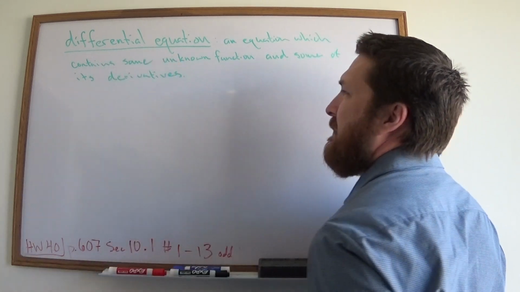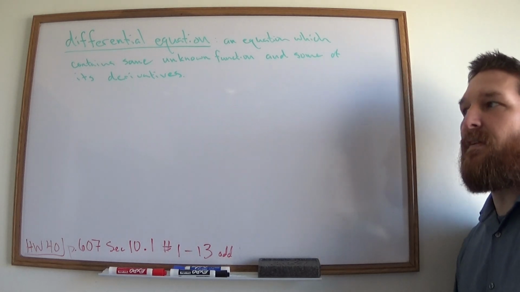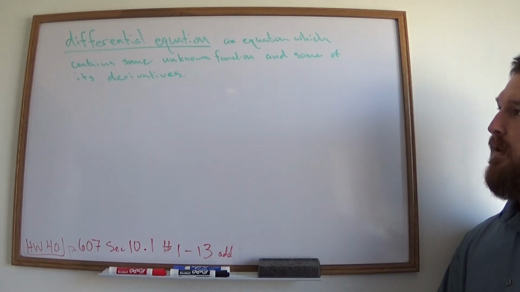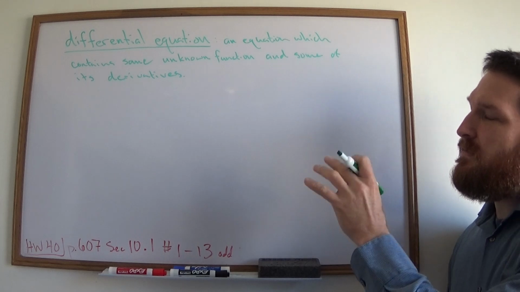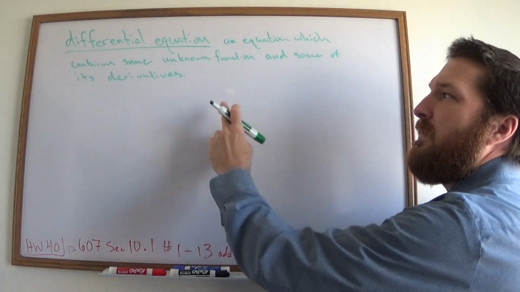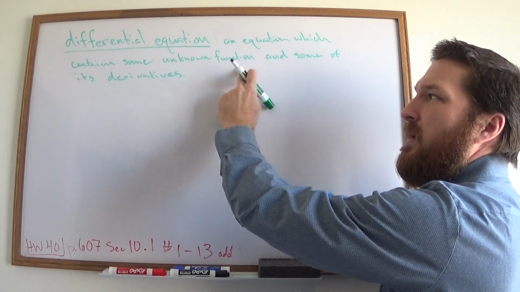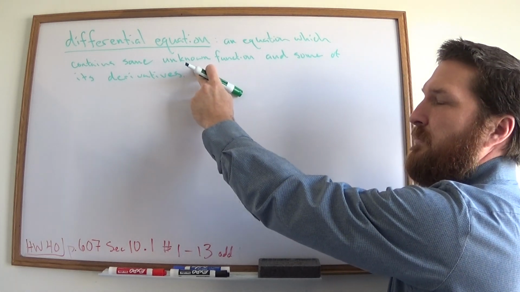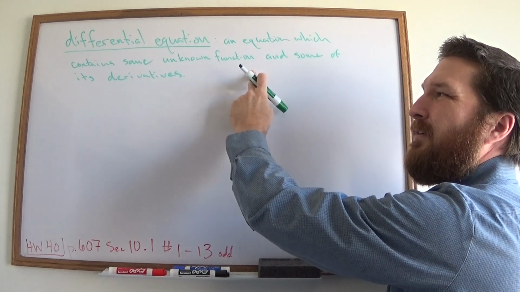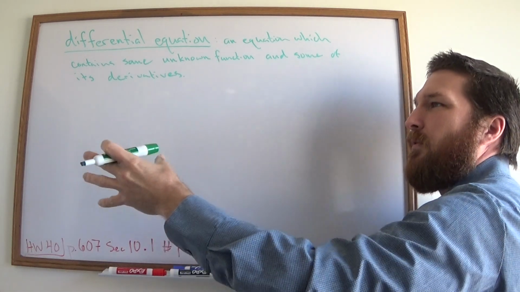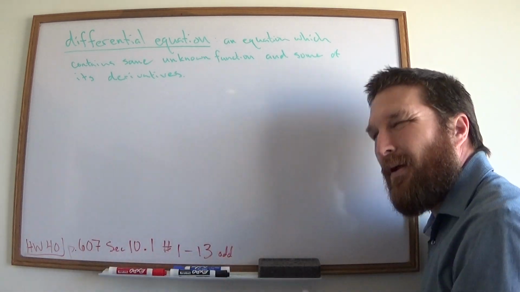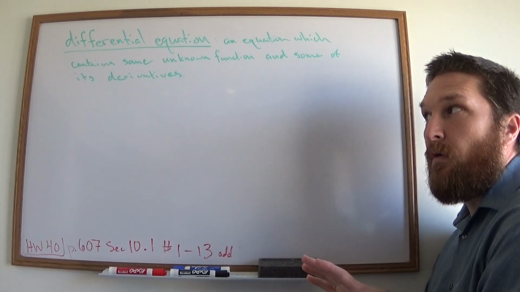The way I would say it is, it's an equation that has derivatives in it. Why? Well, because sometimes this makes you think that the unknown function has to show up in the equation. And that's not necessarily true. Later on I'll show you an example of one where the function itself doesn't show up, but a bunch of its derivatives do.